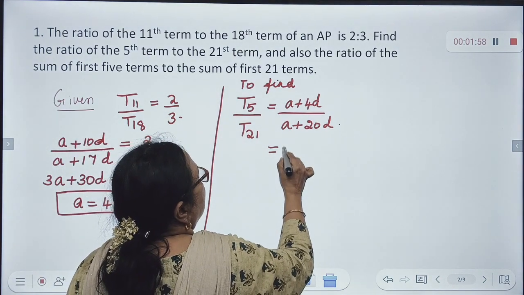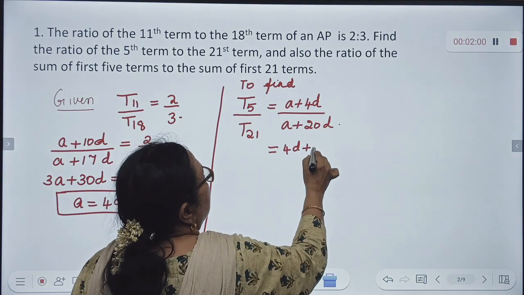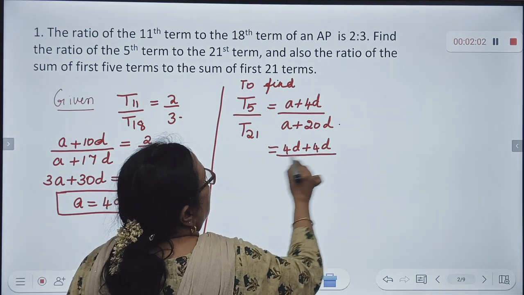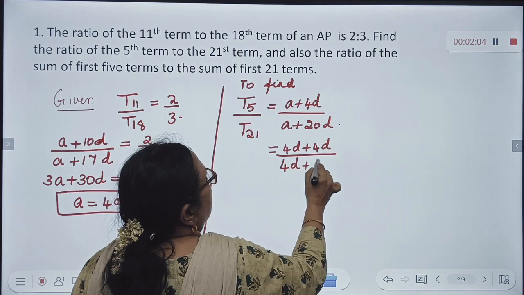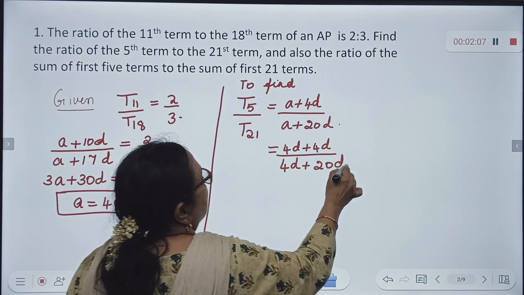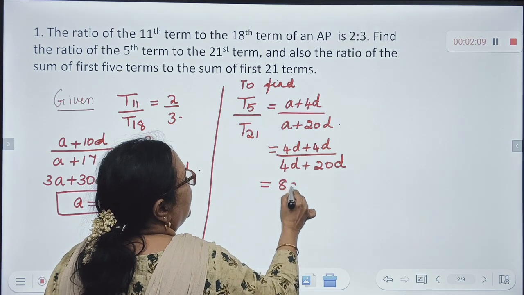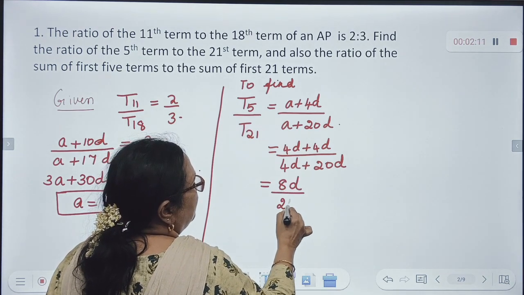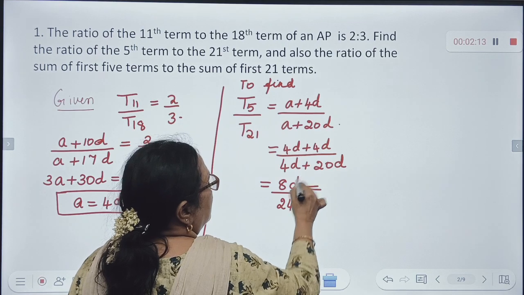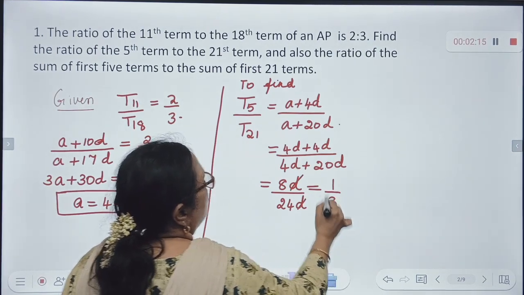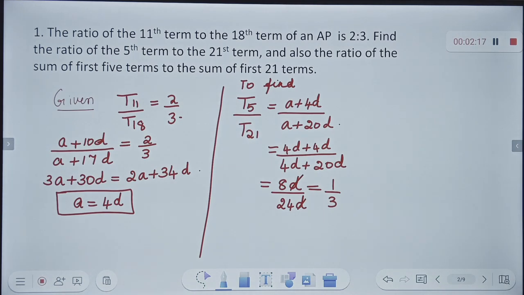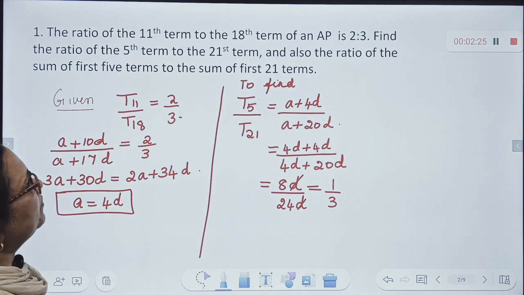So I am substituting 4D plus 4D over 4D plus 20D. This is 8D by 24D. D gets cancelled, giving you 1/3. So the ratio of the 5th term to the 21st term is 1:3, or T5 by T21 is 1/3.